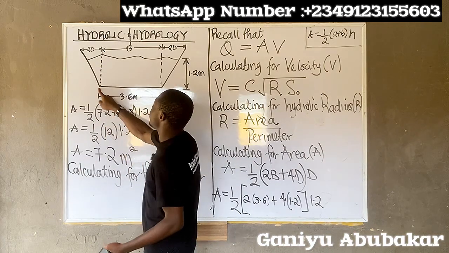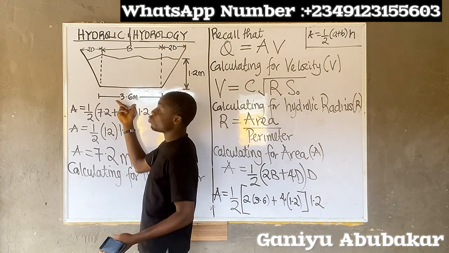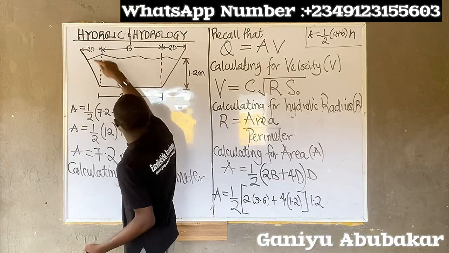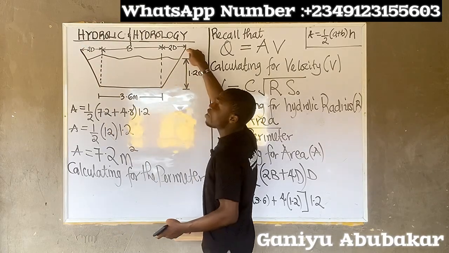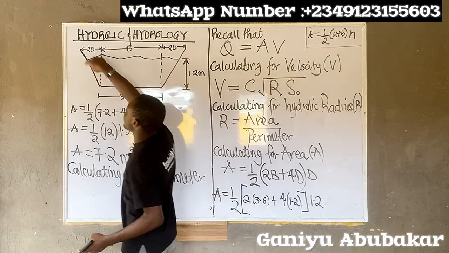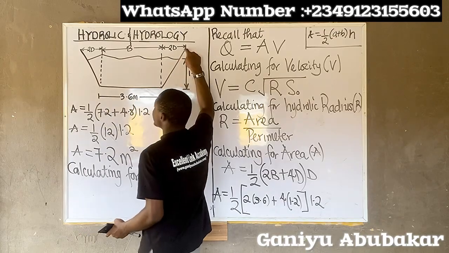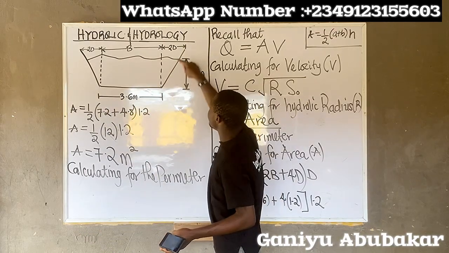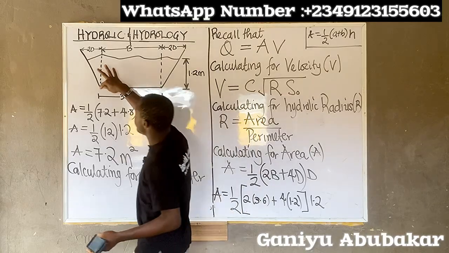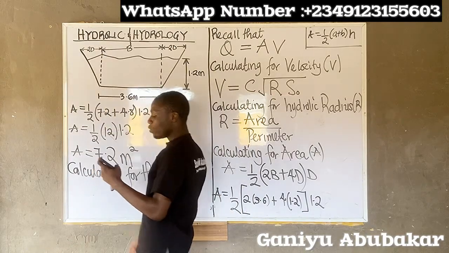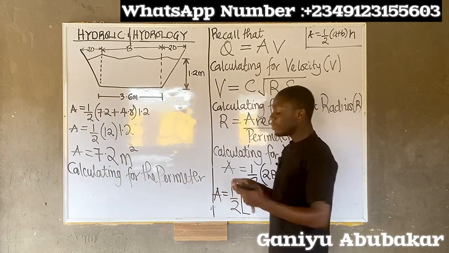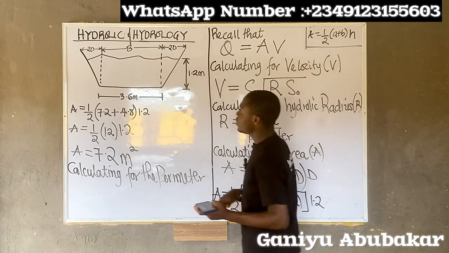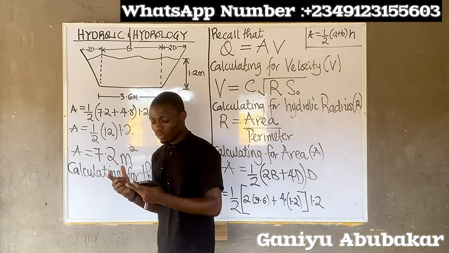So I'm adding the 3.6 with this side and then this side. If you observe, this part and this part are not given as values. So I need to get the value of this line and this line. How do I do that? It's easy, as we said, check your parameters.